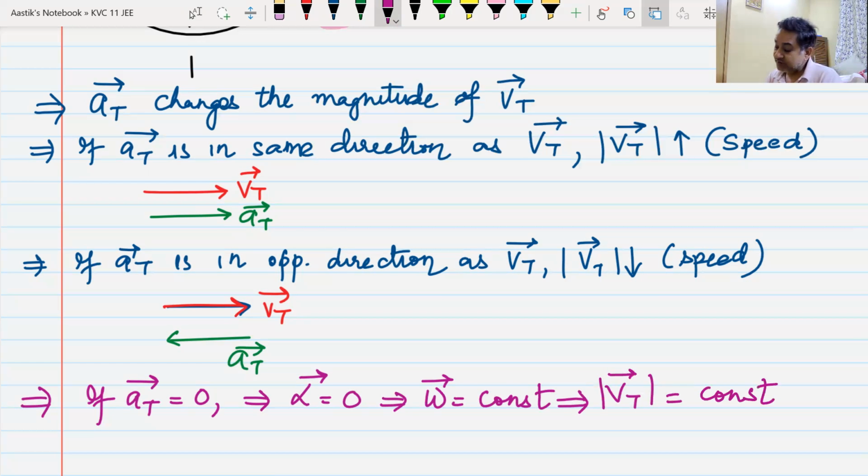This type of motion, where there is no tangential acceleration, where there is no angular acceleration, what is this type of motion known as, beta? Where omega remains constant, the speed of the particle remains constant, it moves in a circle. What is this motion known as?